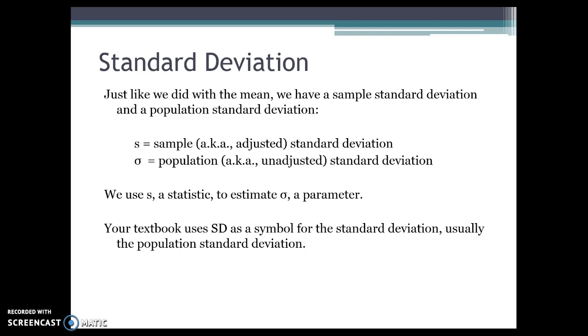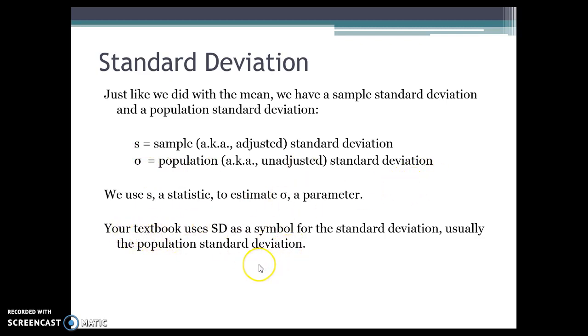So we have a sample mean and a population mean. And here we have a sample standard deviation and a population standard deviation. The sample standard deviation is a lowercase s. Sometimes a capital S is used, but it doesn't matter. So s is the sample standard deviation, and then this Greek letter lowercase sigma is the population standard deviation.